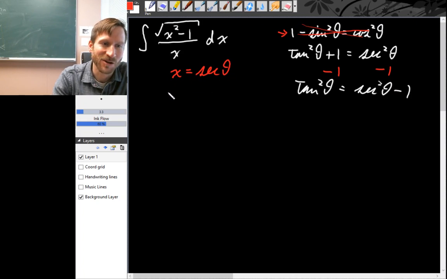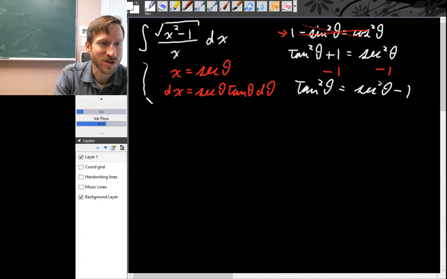All right, so now that we've chosen our x, we can calculate dx. The derivative of secant is secant theta times tangent theta d theta. And now we can do our substitution.